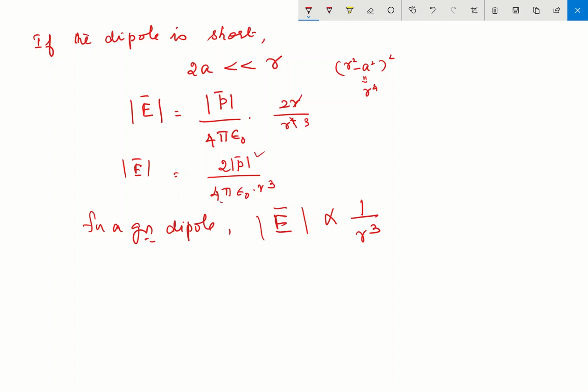Hope you are following this. So, this is about E, which is equal to P by 4 pi epsilon naught r cube.